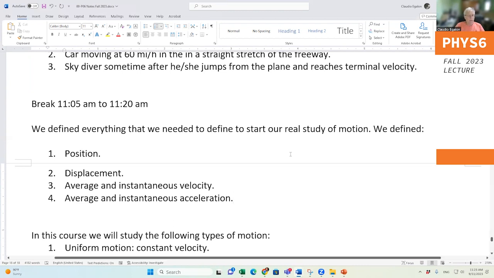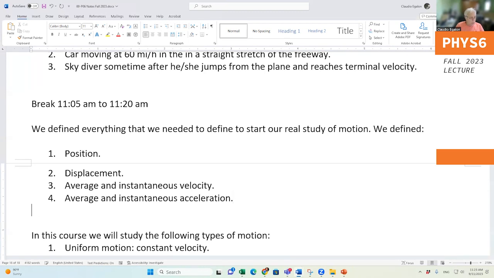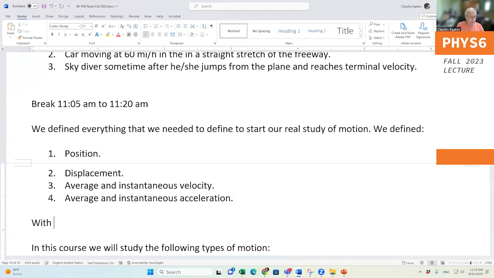And then we're going to start studying with these definitions. We will now start studying the types of motion.